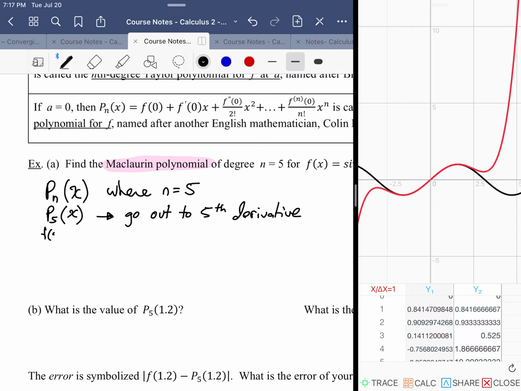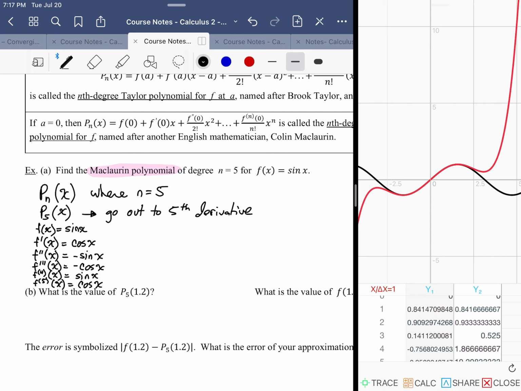All right, so f of x is sine of x, f prime of x is cosine of x, f double prime of x is negative sine of x, f triple prime is negative cosine of x, f quadruple prime, but we just say f4 of x, we cycle back to sine of x, and the 5th derivative is cosine of x.